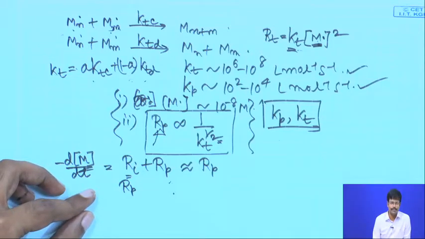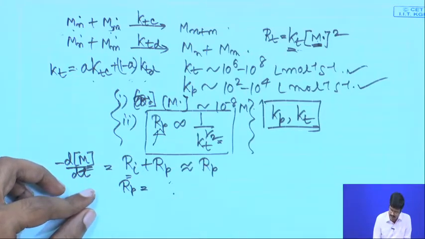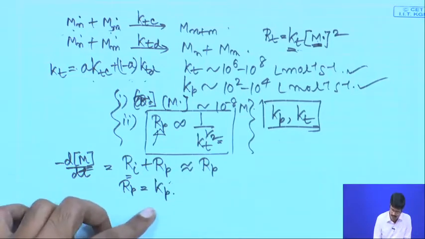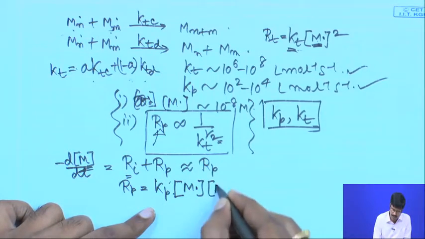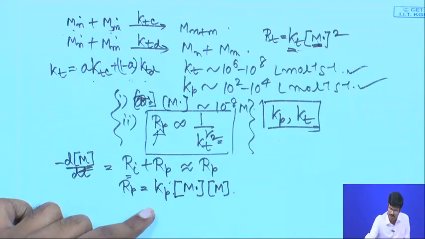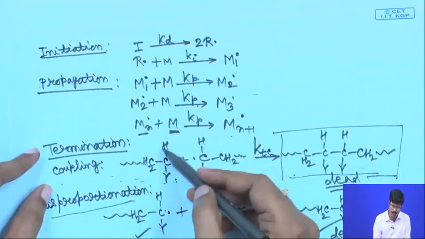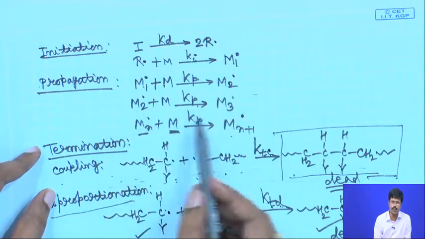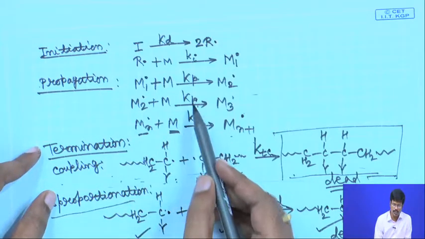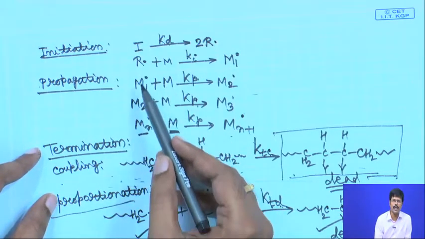So, what is Rp? Rp is nothing but your rate constant into M dot into M. So, recall this propagation step here. Rp, the rate of propagation, is equal to rate constant into your monomer concentration into M dot.